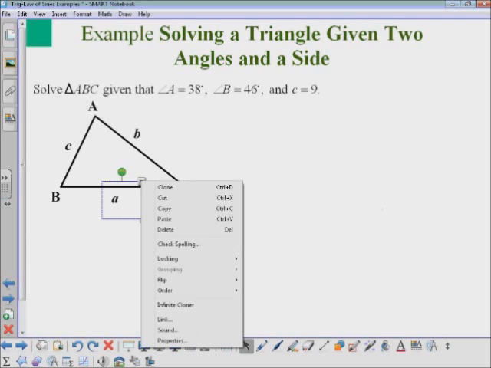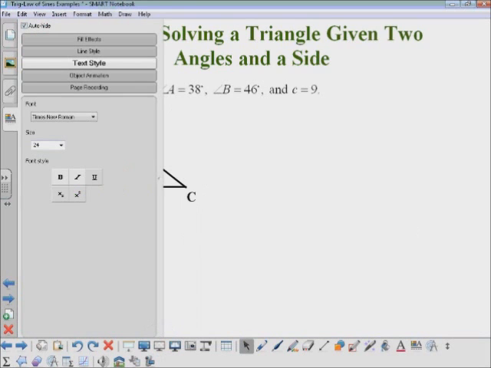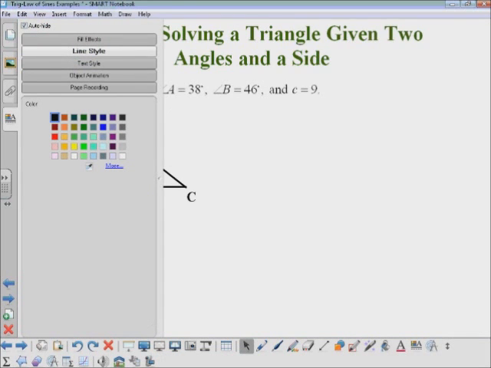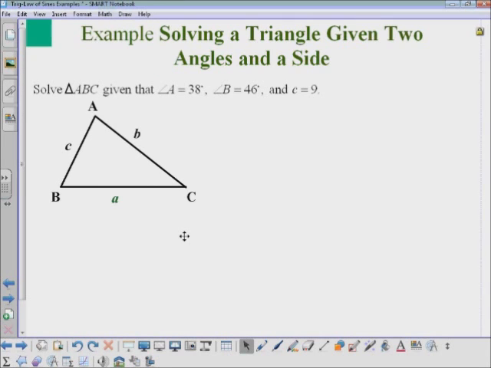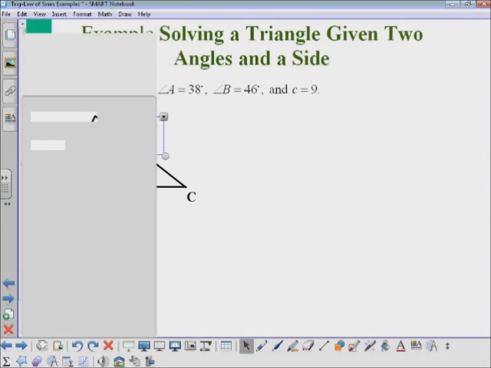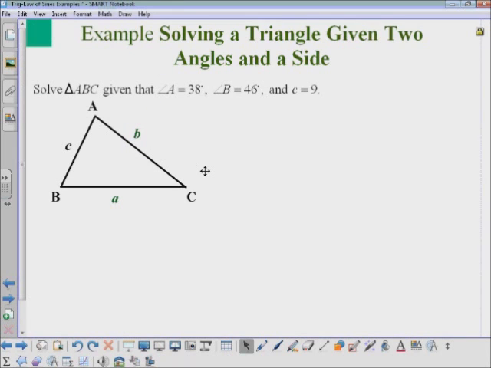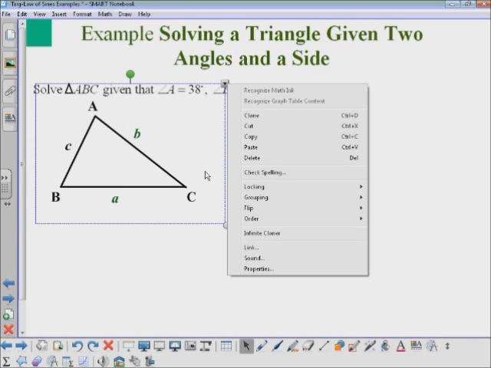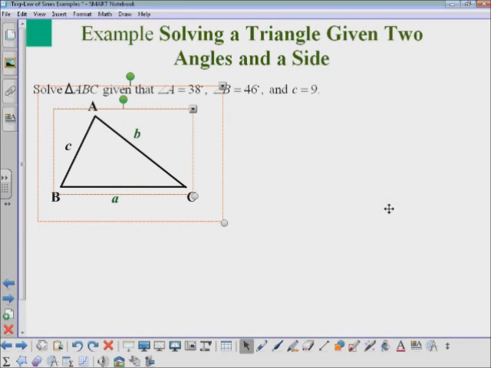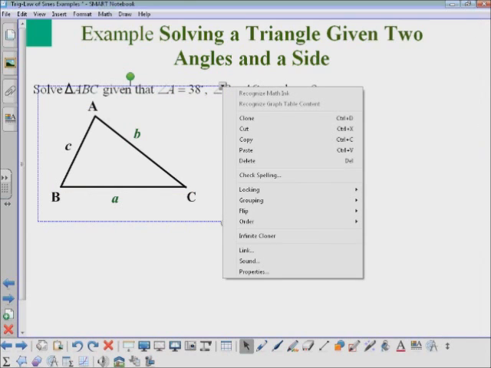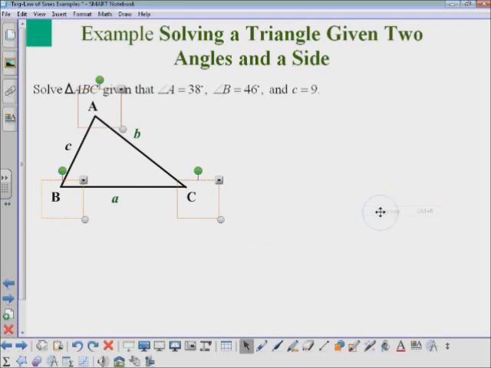I'm going to change its color. I'm going to make it green to indicate that we need to find those. Oh, we got to ungroup one more time. Might have been quicker just to draw my own triangle.